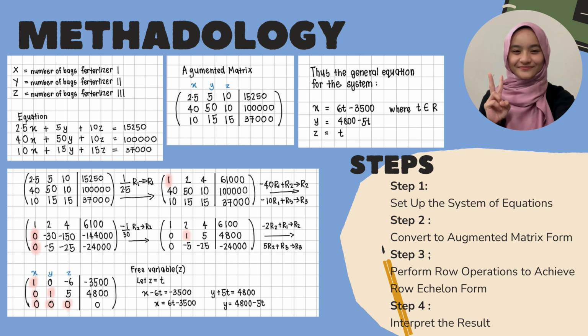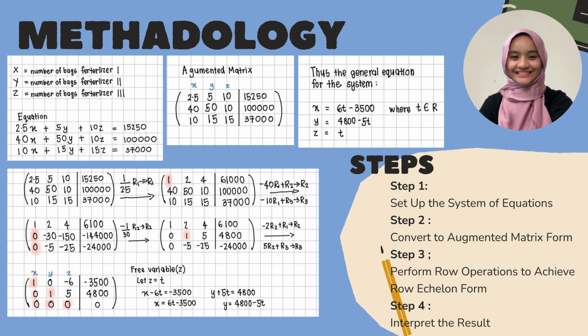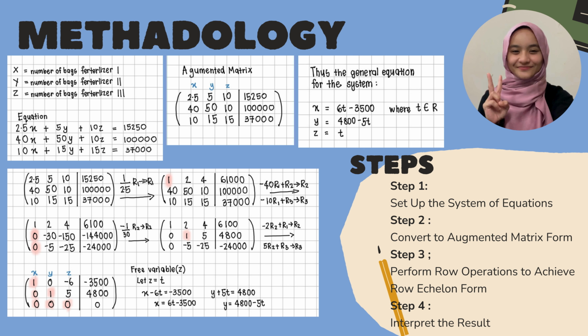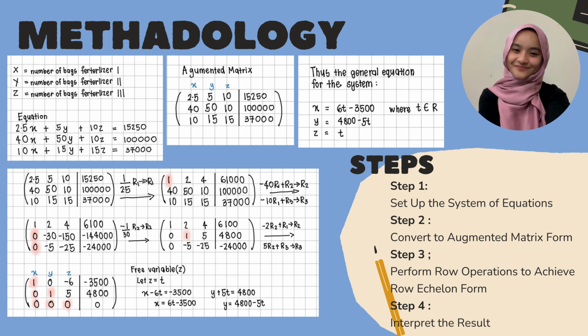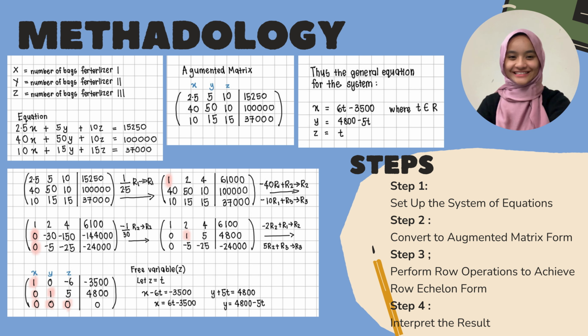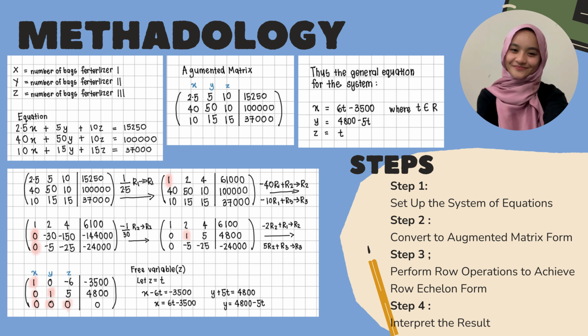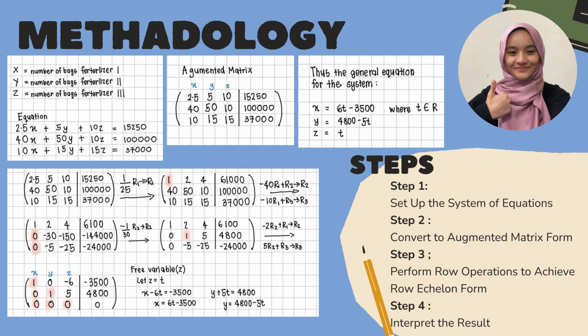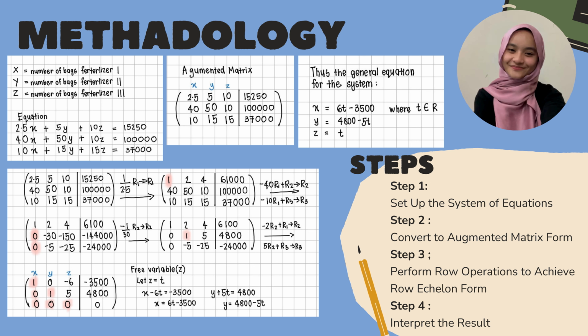Next, the second row is normalized to introduce another leading one, and elements in the second column of the other rows are eliminated accordingly. This process is continued until each leading one is the only non-zero entry in its column, resulting in a matrix in reduced row echelon form. This form reveals that the system has infinitely many solutions.